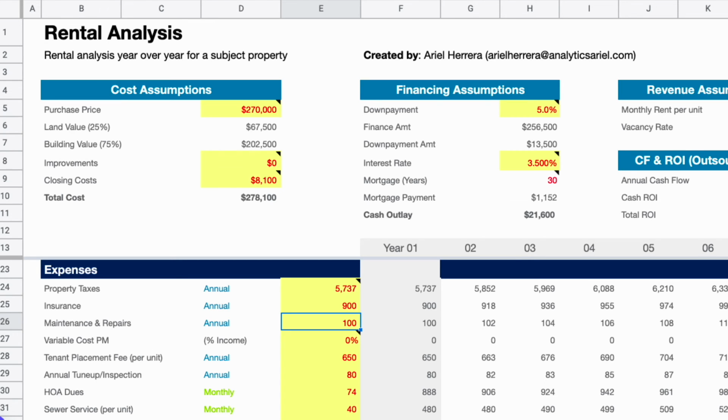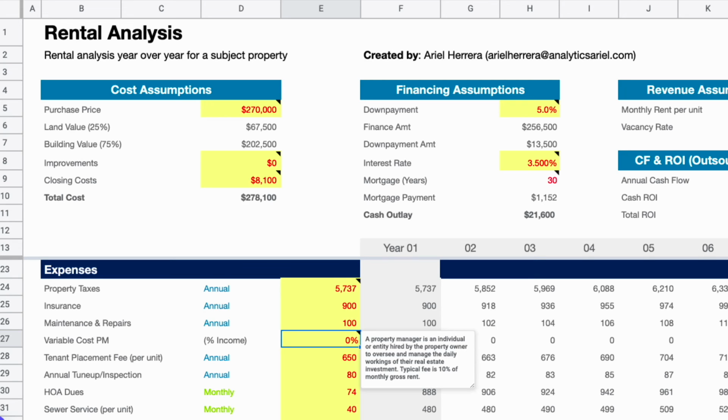Next, maintenance and repairs annually, which may depend on the type of property that you have as well as the age. After that is the variable cost of property management. So a property manager is an individual or entity hired by the property owner to oversee and manage the daily workings of their real estate investment.